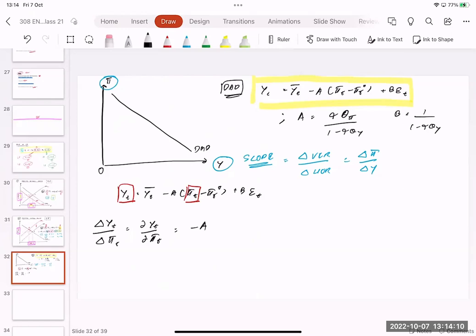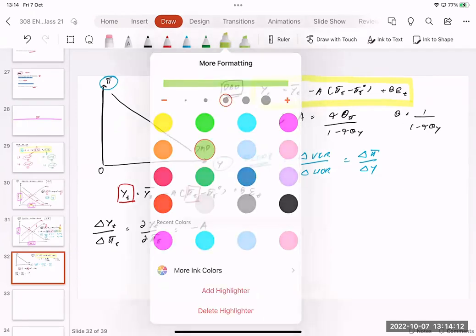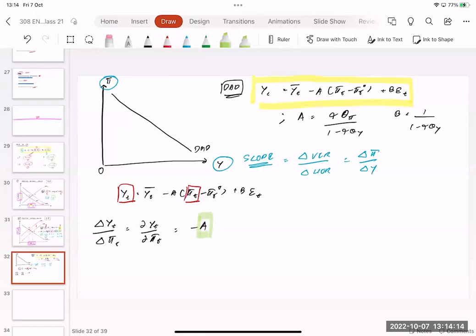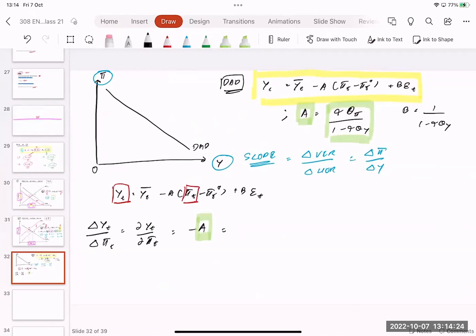And you should know that A is equal to this one. So it becomes minus alpha theta pi over 1 minus alpha theta y. This is delta y_t over delta pi_t.